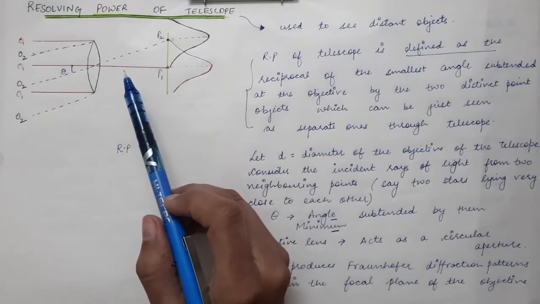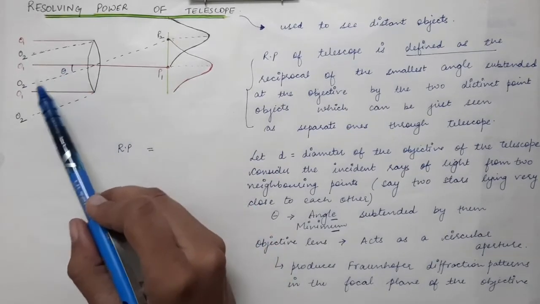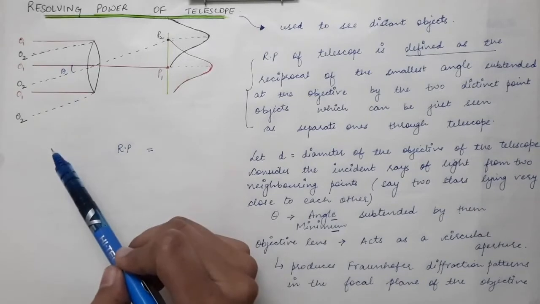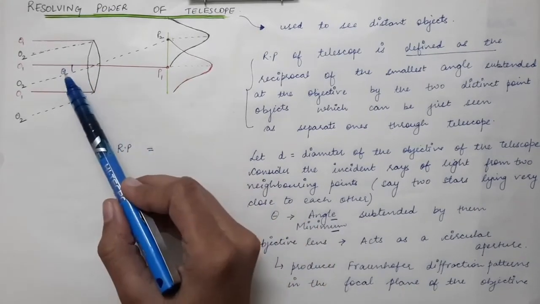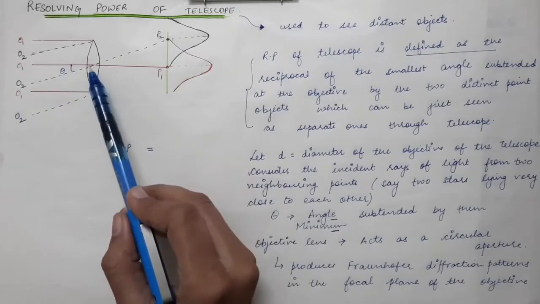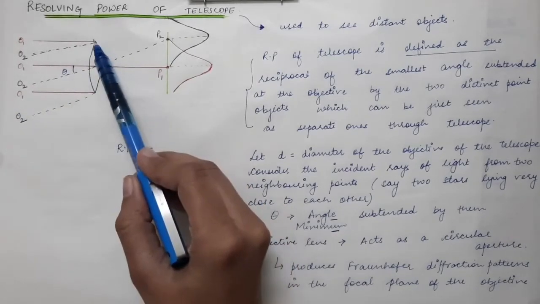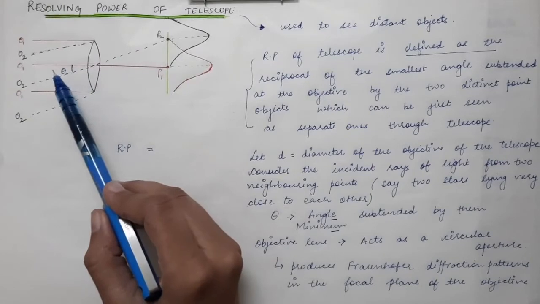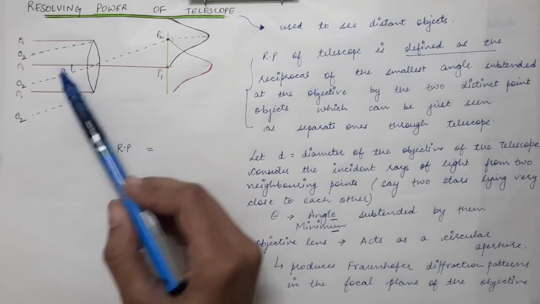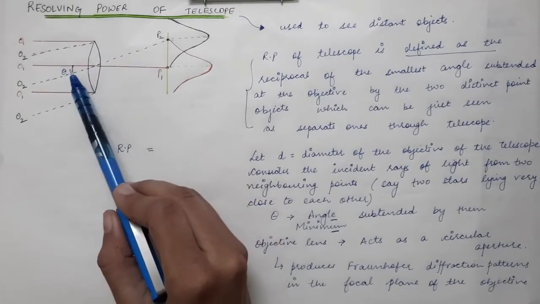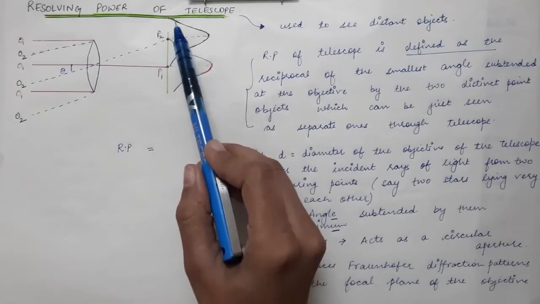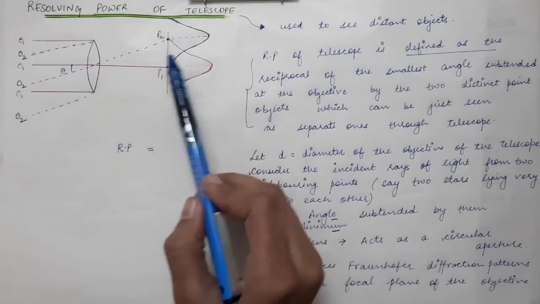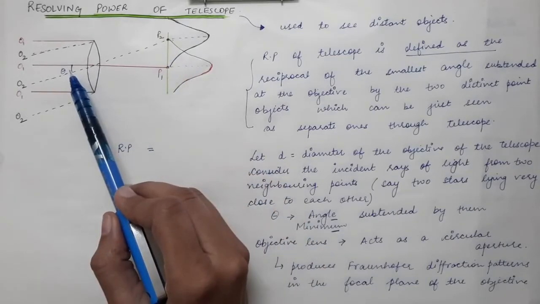Now if I take another telescope, for that the minimum angle is less. Let's say for this first telescope, the minimum angle that should be subtended so that these two objects are just resolved is 4 degrees.